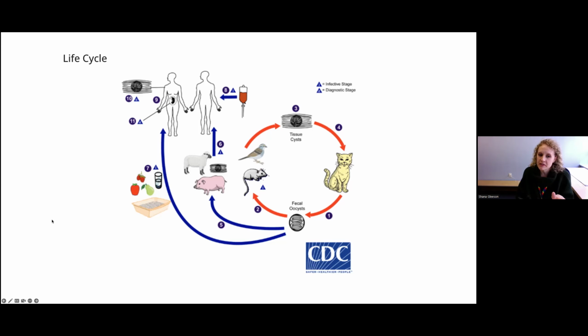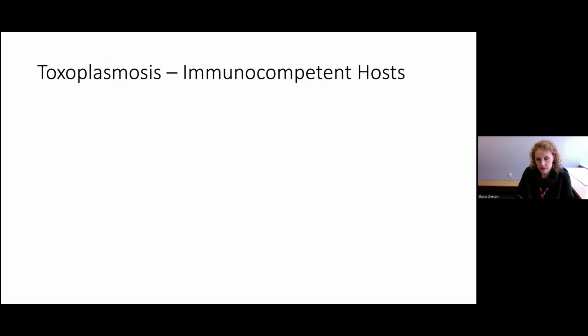The point is that humans can get this a few ways. They can get it from cleaning litter boxes and then ingesting microscopic oocysts or parasites, but it can also be from contaminated food or water, or eating undercooked meat from an animal that's infected with it. So there are multiple different ways people can get infected with this.